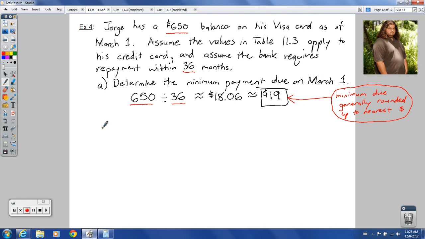Part B, we're going to suppose this is true. Suppose Jorge makes a payment of $200 on March 1st.